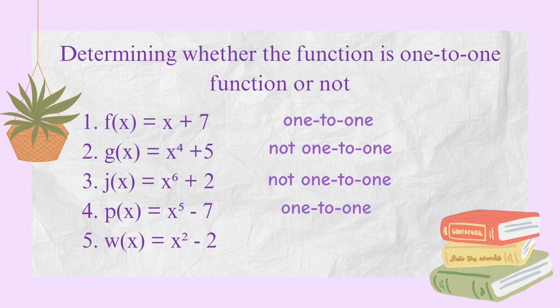Number 5, w of x is equal to x squared plus 2. We can determine it as not a one-to-one function. So always remember, if the highest degree is an odd number, it is automatically a one-to-one function. If even naman ang highest degree, it is automatically not a one-to-one function.